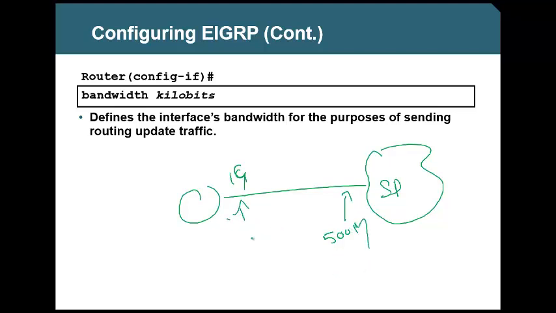That's what you are allowed to consume. The link capacity is 1 gig, but allowed is only 500 meg. So we can go and tell EIGRP that I have only 500 meg. You need to convert it to kilobits and tell. Otherwise, EIGRP will think that you have 1 gig, 1000 meg, as the bandwidth.